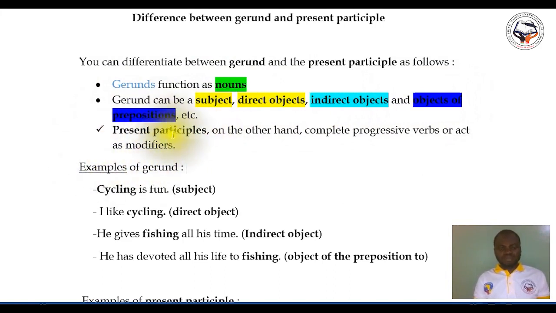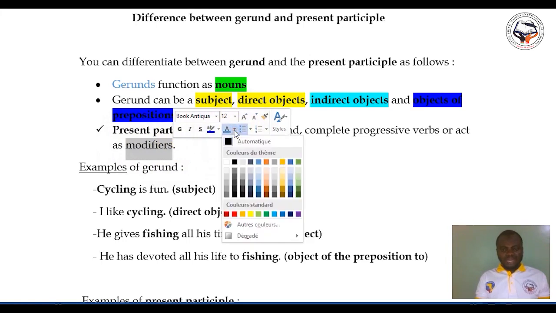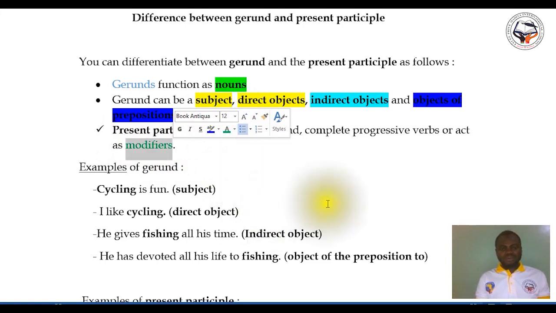But now for the present participle, on the other hand, it completes progressive verbs or acts as a modifier. That is, the present participle can complete a progressive verb, or it can be a modifier.